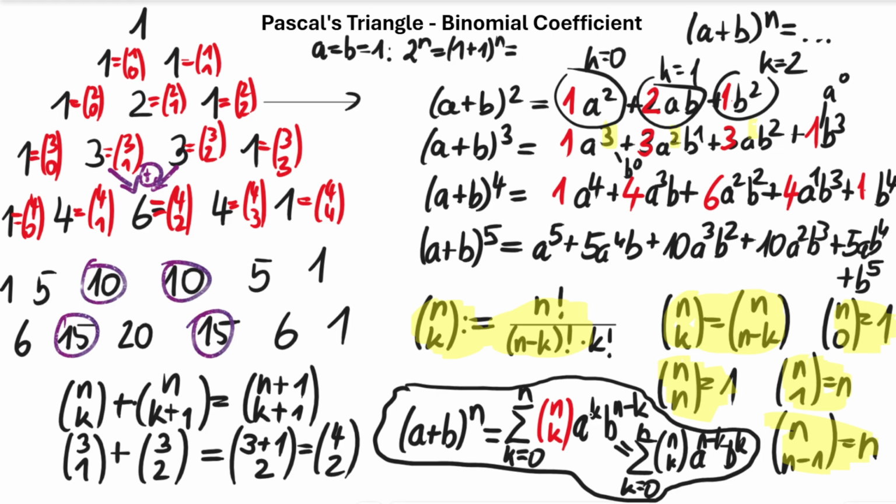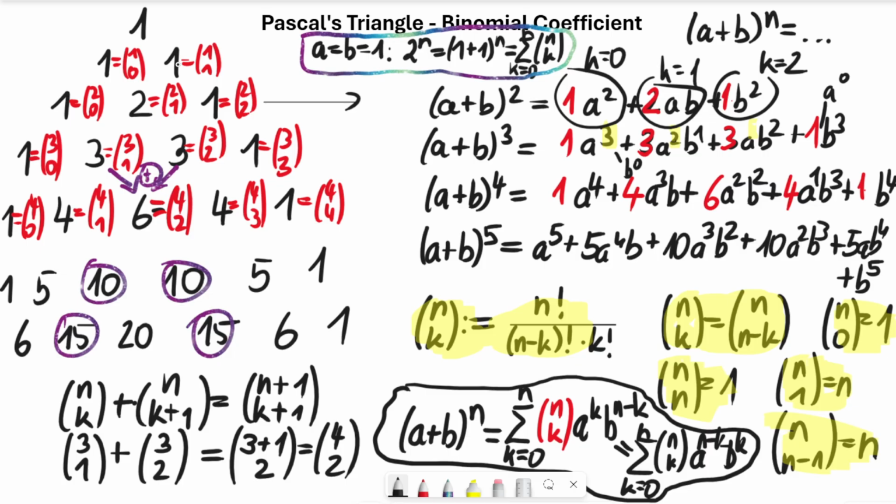But as a and b are equal 1, 1 to any power is always 1, you just have the summation of the binomial coefficients from k equals 0 up to n. So this is a special case. And what does this mean? If we sum up the binomial coefficients for k, so this means per row, per line, you get 2 to the power of n.